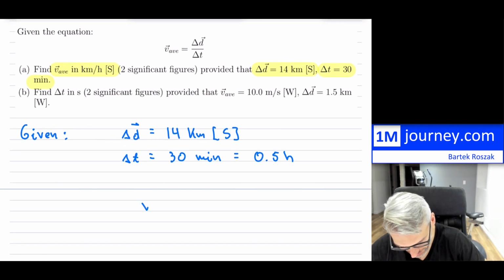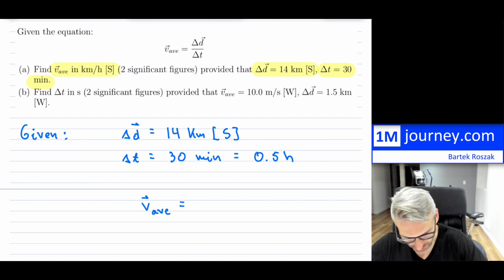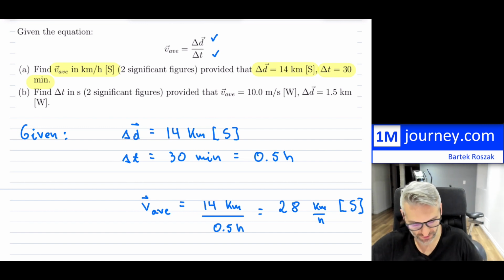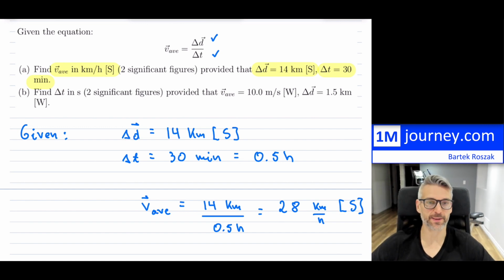Now if you plug this back in, I'm just using the formula itself, so substitute it back in here. 14 kilometers south divided by 0.5 hours is equal to 28 kilometers per hour, south. It's already two significant figures, as the answer has it. So that's it for the first one.